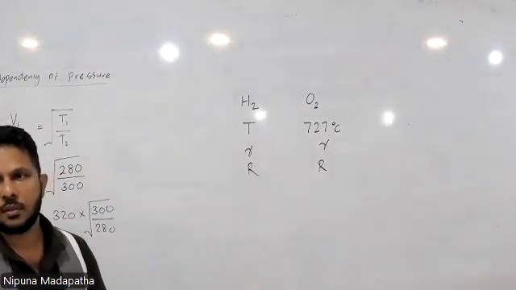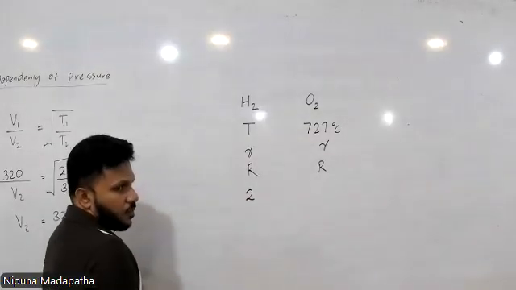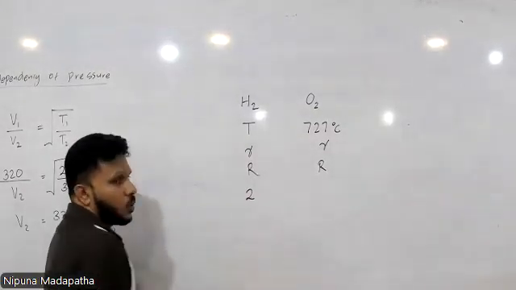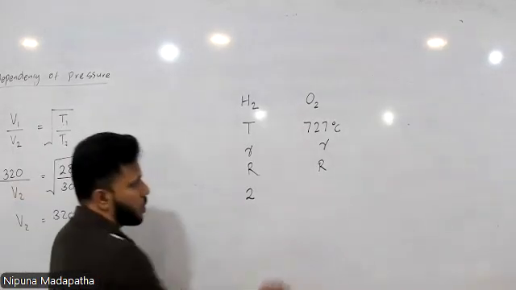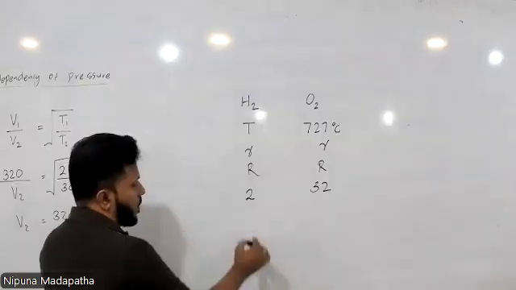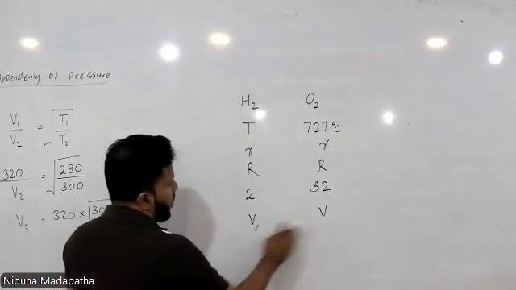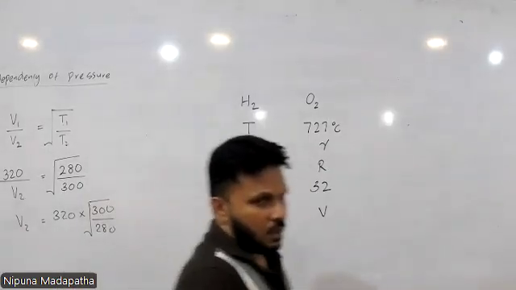Molar mass for hydrogen? 2 grams per mole. For O2? 32. Both the speeds are the same, VH2 and VO2. Right?